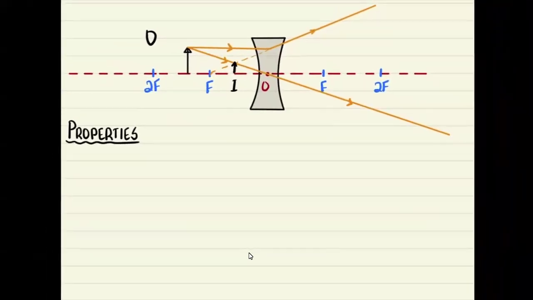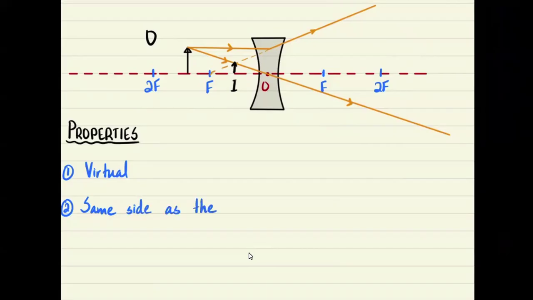Again, if I were to just describe the properties of this image formed, first of all, it's virtual, right? So the rays just appear to be coming from the image. If you think about it, the observer would be placed here to see the formation of the image. It's also on the same side as the object. It was also the case with case 6 that we did in the last video, that both of these go hand in hand.